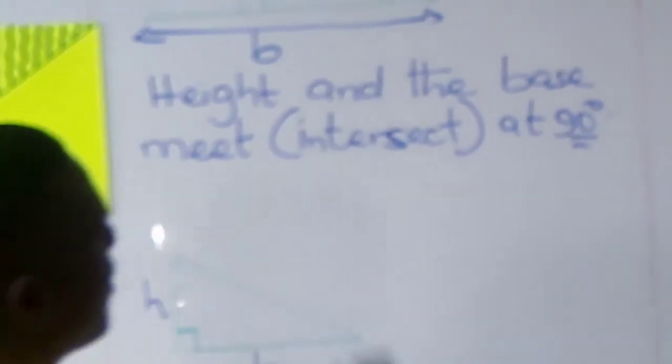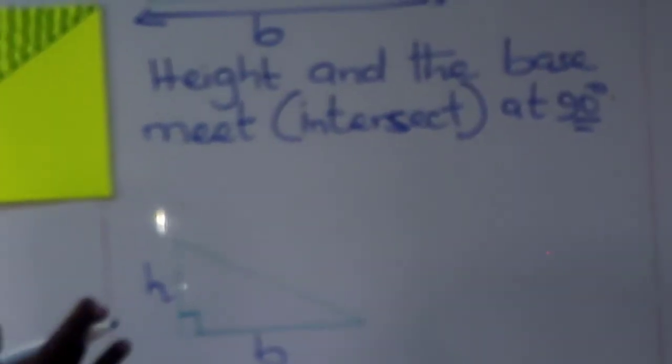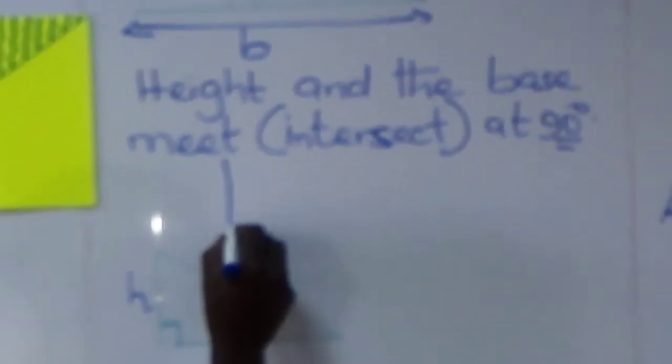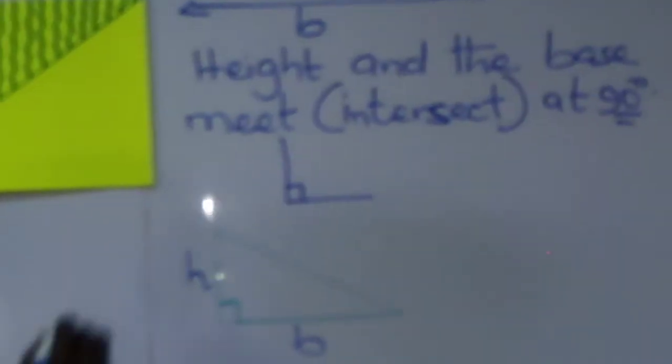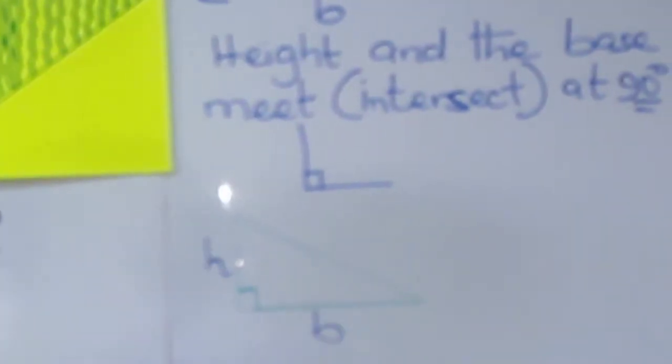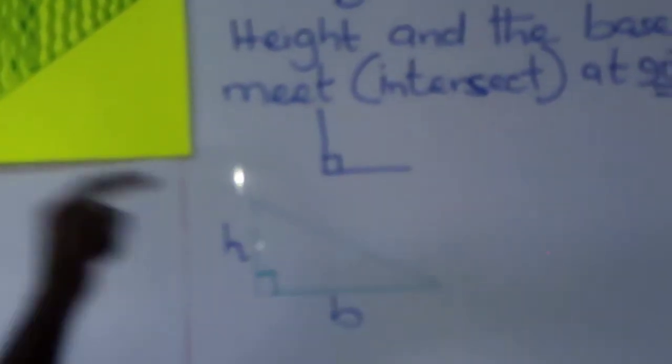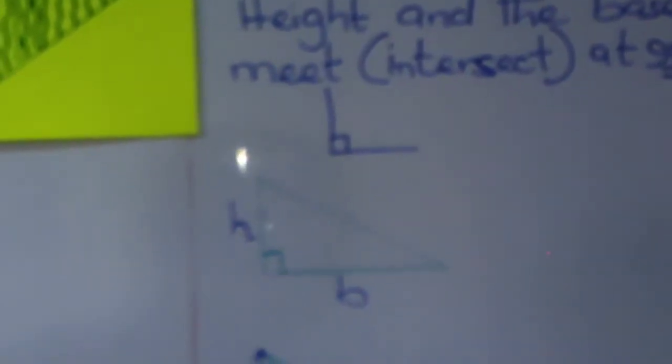That means they form a right angle where they meet. So if this is the height and that is the base, they must form 90 degrees there. And that is how you're going to be able to identify the height and the base.